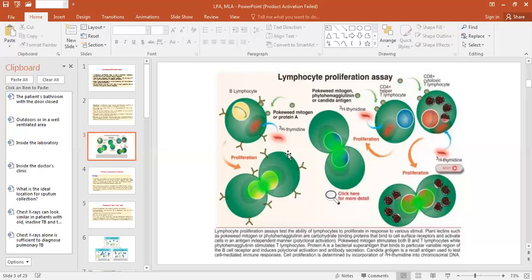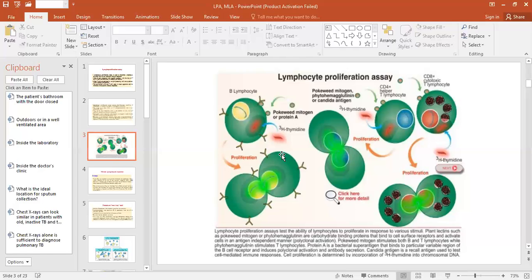So to track the levels of NADH and NADPH present in the culture of the proliferating cells, we can measure the enzyme dehydrogenase, which is functioning on NADP and NADH.